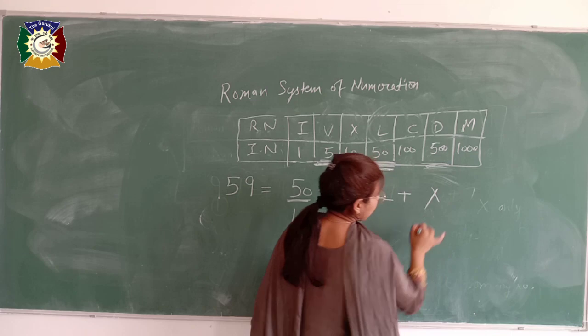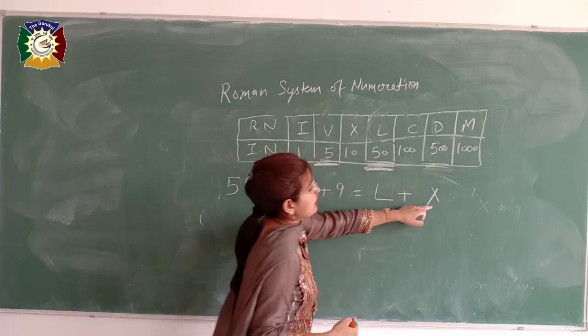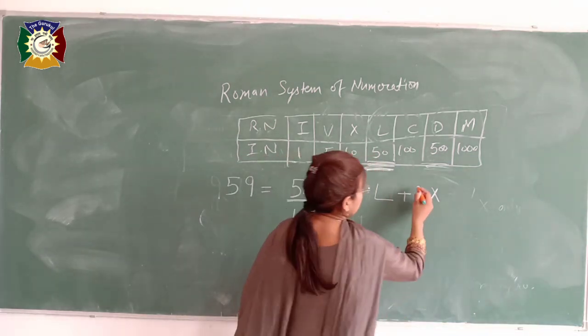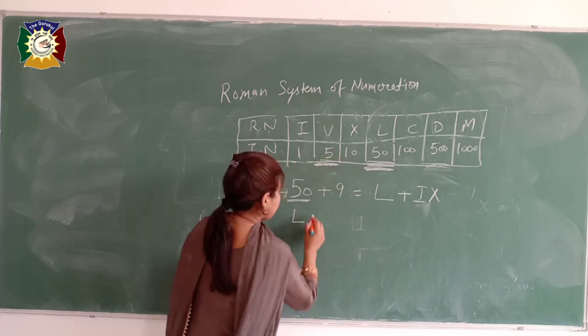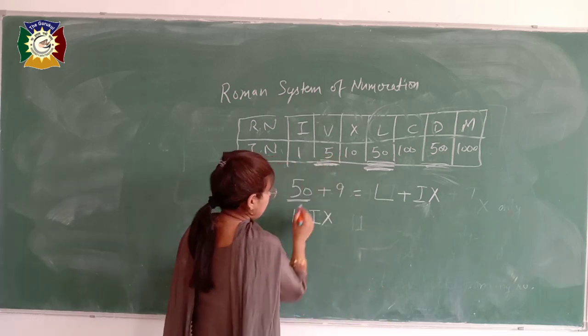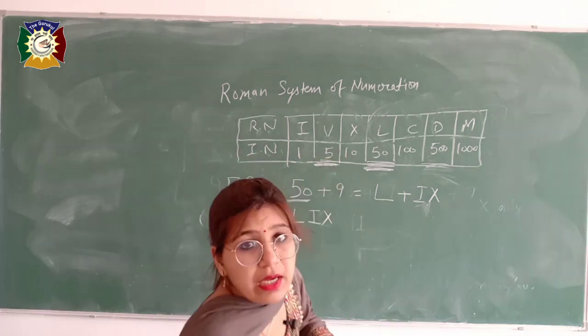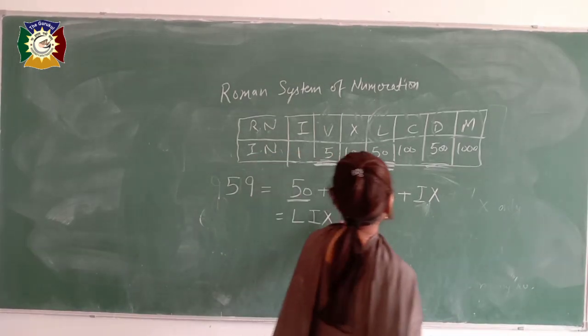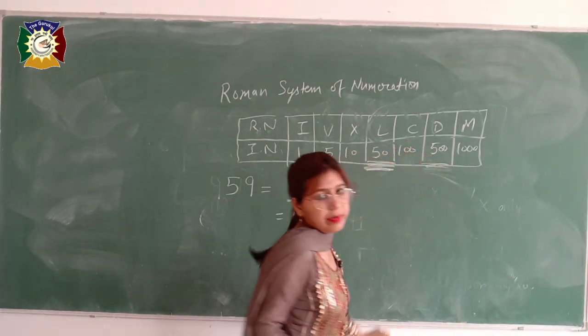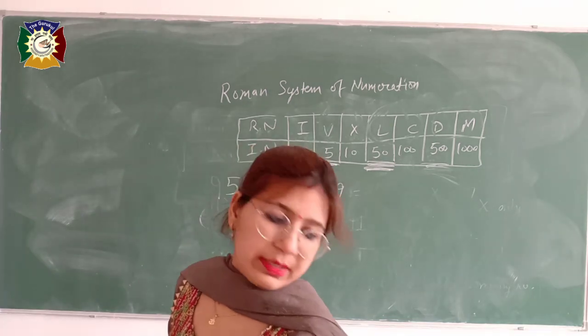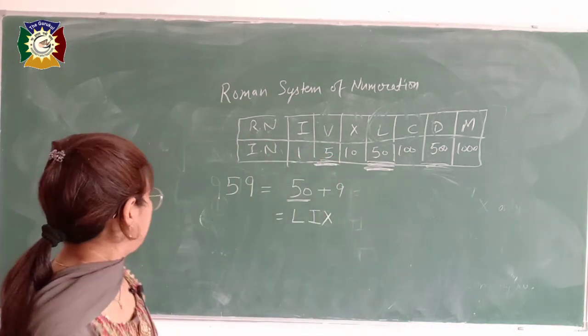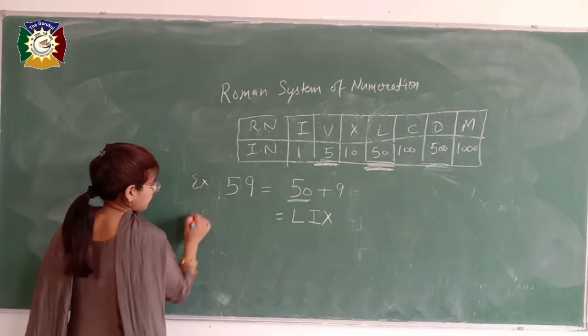Plus X for 10. If I write the smaller symbol on the left, then it will become 9. This is the symbol for 9. And I get the number like this. This is the answer for this. Understand? We are converting the Indian numbers into the Roman system. Understand, bachche?